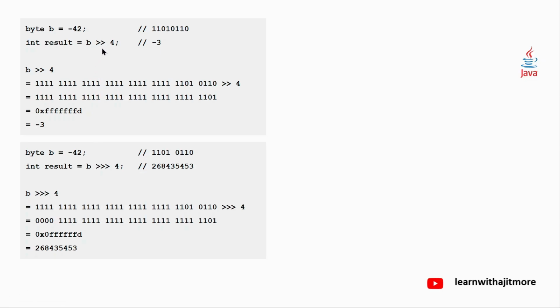And this is sign fill right shift. Use the technical words which I'm telling. It should get bombarded in your brain so that whenever you are facing interviews, each and everything is clear to you. >> means it is sign fill right shift, and >>> means 0 fill right shift.